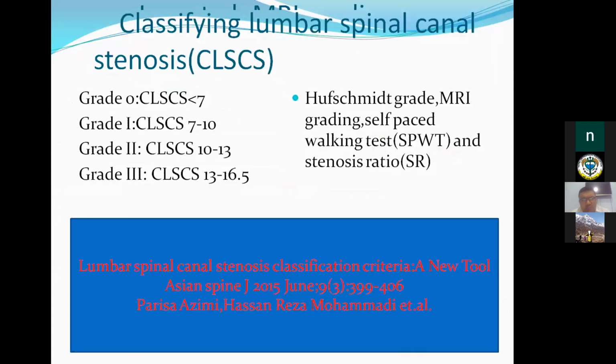These grading systems are qualitative, but there is one more quantitative grading system, published in Asian Spine Journal in 2015 by Parisha. But this is a combination of clinical grading, MRI grading, self-paced walking test, and stenosis ratio. So this is very complicated and very difficult to use in daily clinical practice.